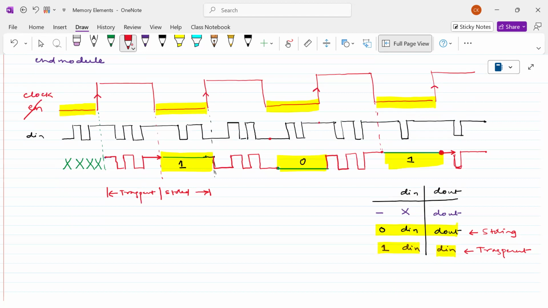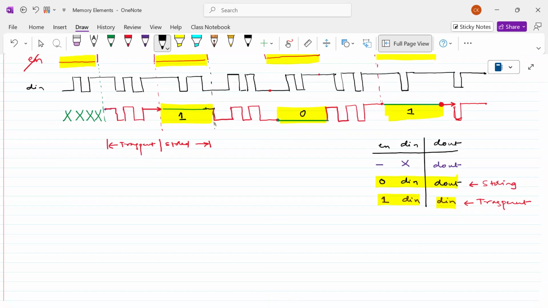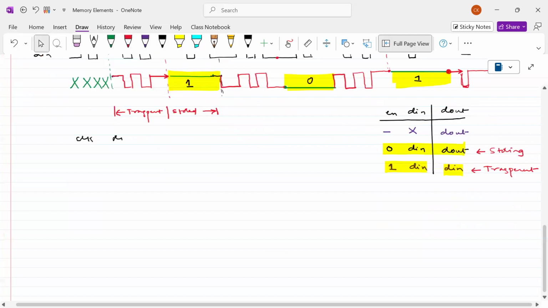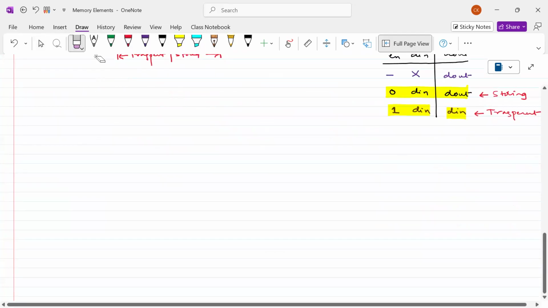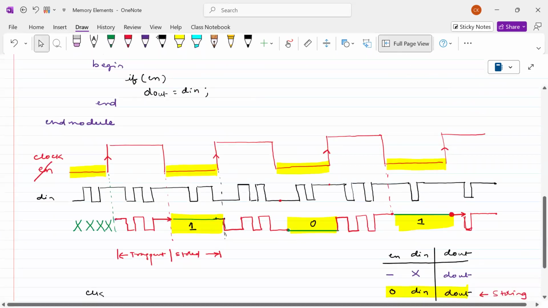Now accordingly, let us derive the truth table for this one. We have a clock signal, and we have a DIN signal. For the clock, people usually write CLK as the short form, the shortest notation.